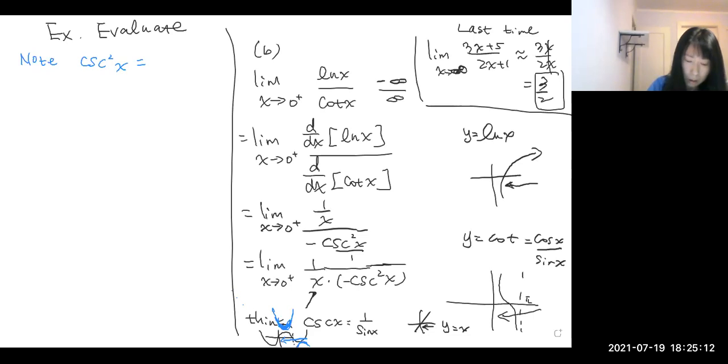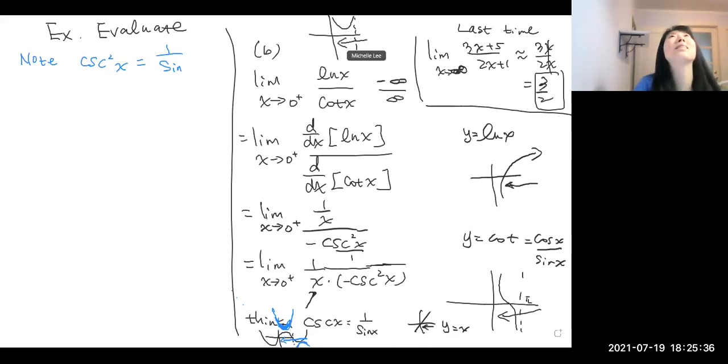Hold on one second, let me draw a little bigger. So I'm talking about cosecant here, okay? When x approaches 0 from the right, what's the cosecant x? Positive infinity, right? Then squared.